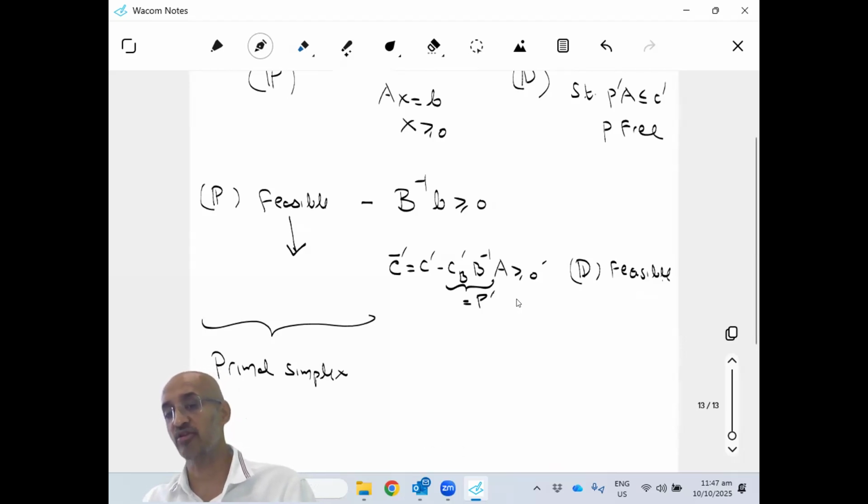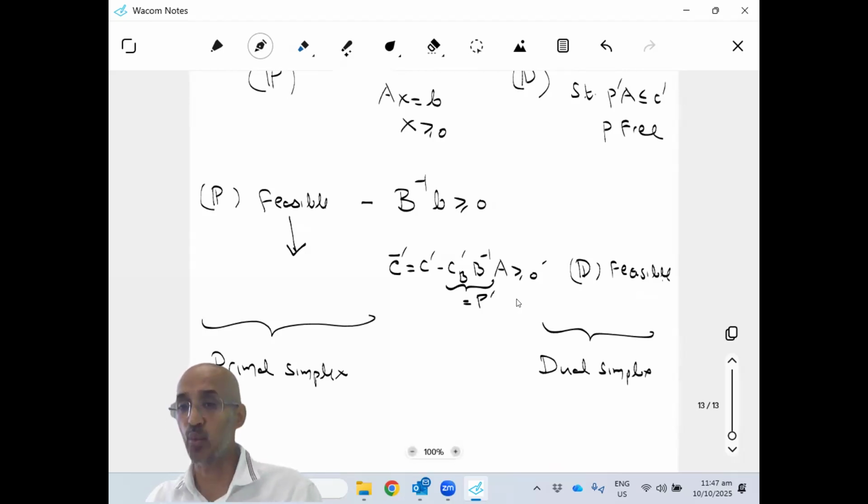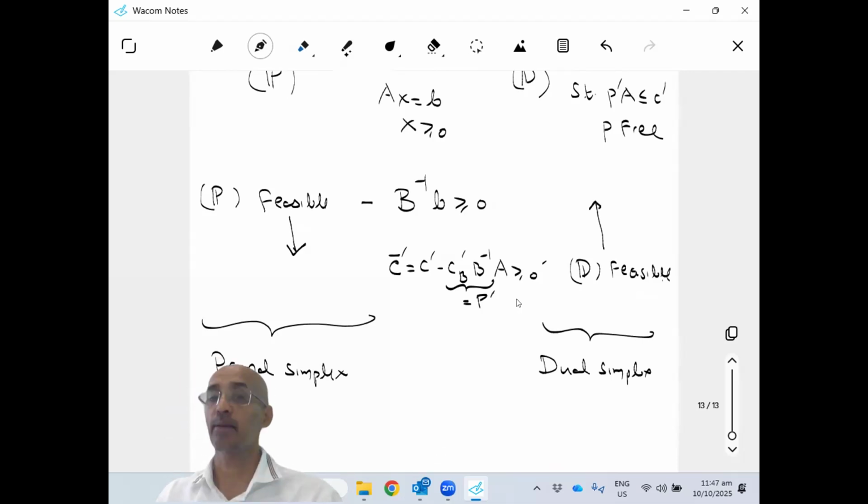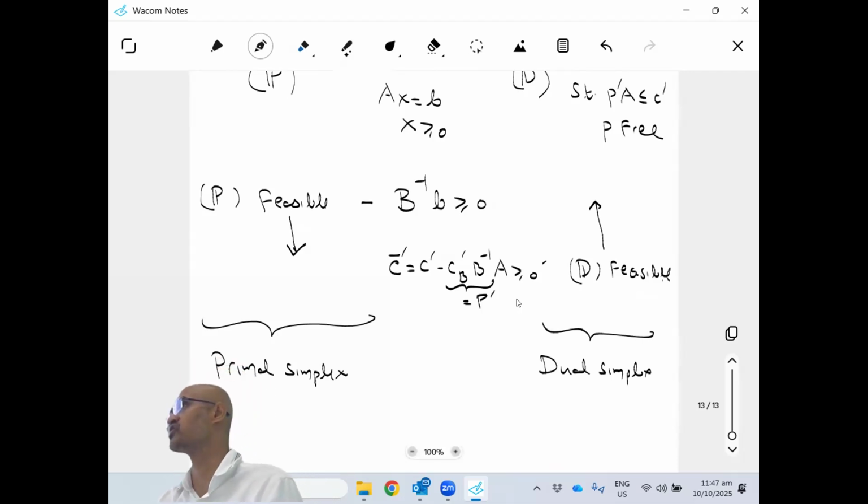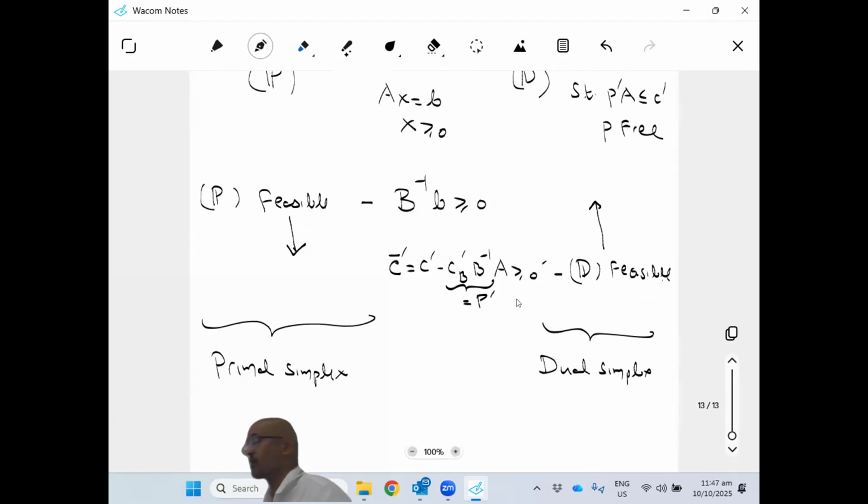In dual simplex, you're going to start with a dual feasible solution and work towards a primal feasible solution, which is basically dual optimality conditions. So you will essentially start with a simplex tableau where the reduced cost vector will be non-negative.